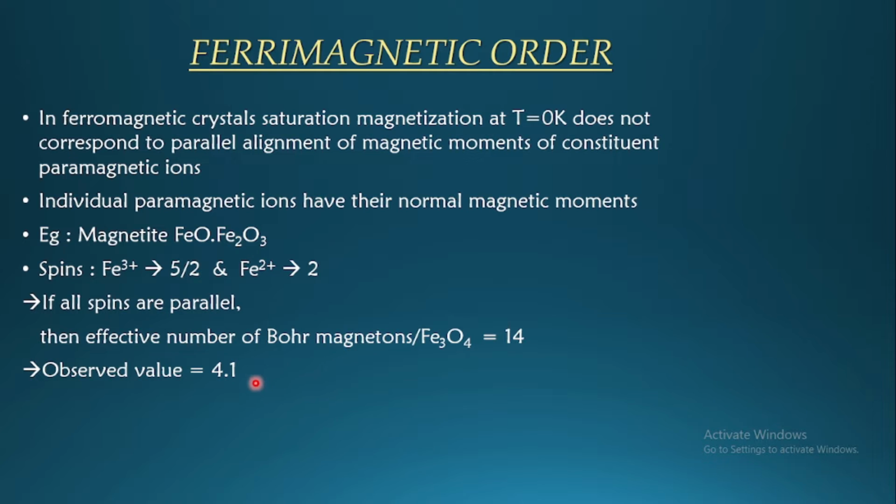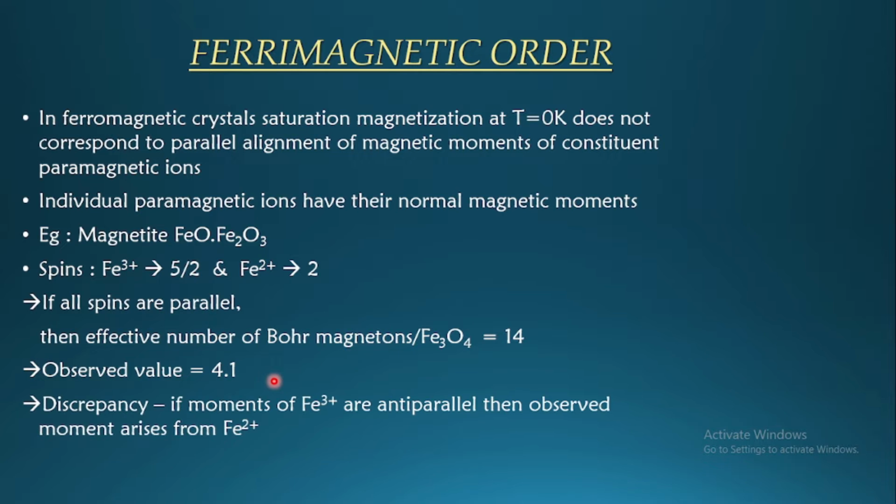From this discrepancy we can doubt whether magnetite is ferromagnetic or something else. And this discrepancy is accounted for if the moments of Fe3+ ions are antiparallel to each other, then the observed moment will be due to Fe2+ ions.